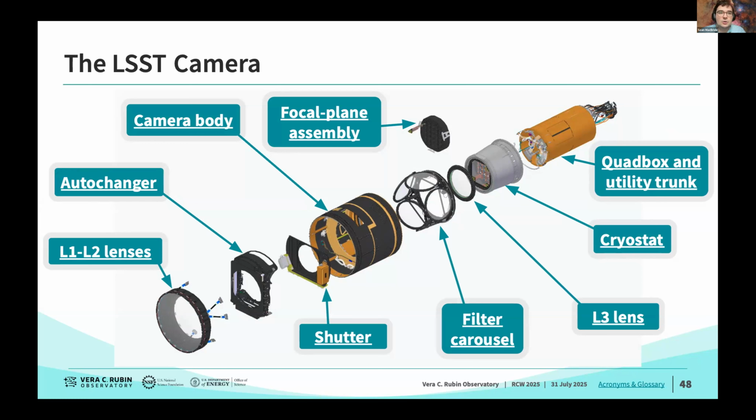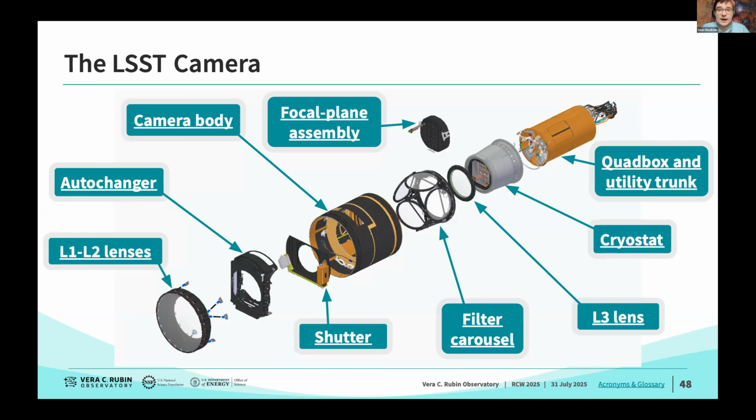This auto changer holds one of our 5 loaded filters from our filter carousel. That selects light based on however the scheduler or our survey strategy demands. The next optical element that light passes through is our camera shutter, which is all integrated inside of the camera body, which keeps the camera at a fairly stable thermal equilibrium.